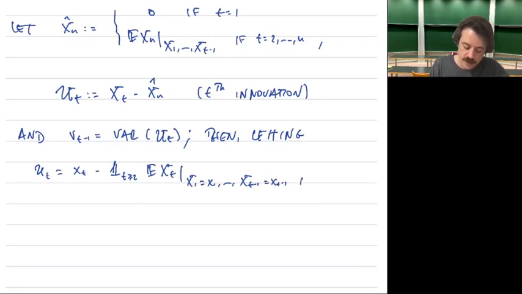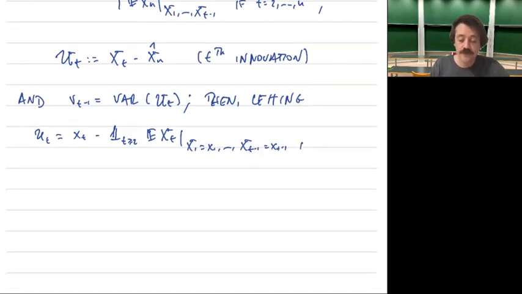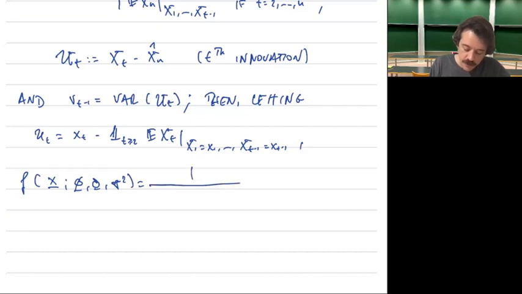Letting this, it can be shown, even though we're not going to show it, that the PDF we wrote earlier, which depends on these parameters, is given by the following alternative quantity.